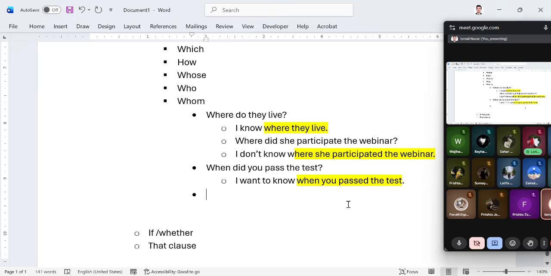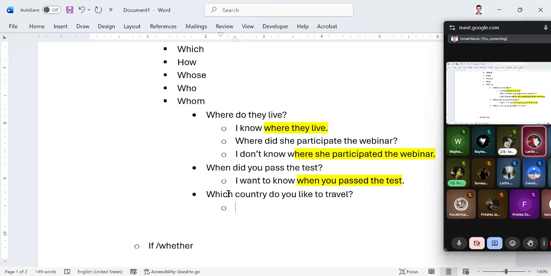Another question, Miss Khaliqiyar. Okay, teacher. A question. Which country do you like to travel? So how do you change it to a noun clause? Answer it with a noun clause.